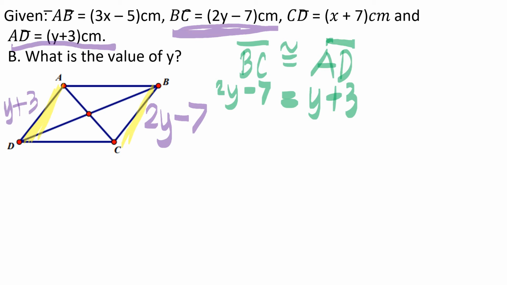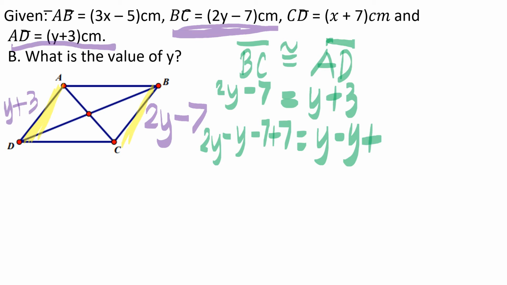Let's put all the variables, which is the letter y, on the left side of the equation and all the constants on the right side of the equation. Let's say 2y minus y minus 7 plus 7 equals y minus y plus 3 plus 7.